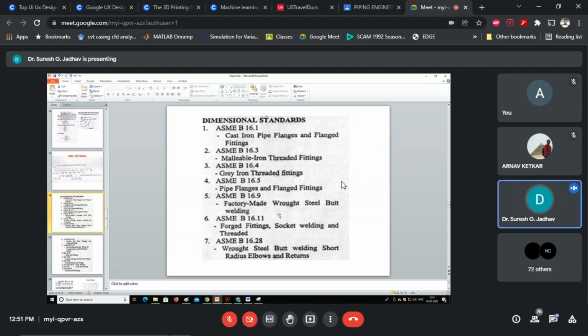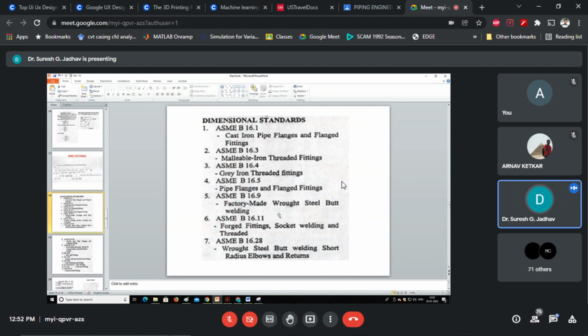And if you consider CMI threaded fittings, meaning malleable iron threaded fittings, then we have to refer ASME B16.3. And for flanges and flange fittings, as per ASME B16.5, here we'll see only flanges and flange fittings. Here there is no concern with any kind of materials.